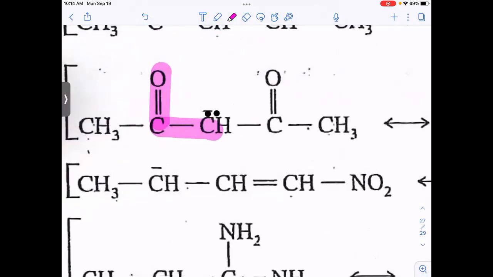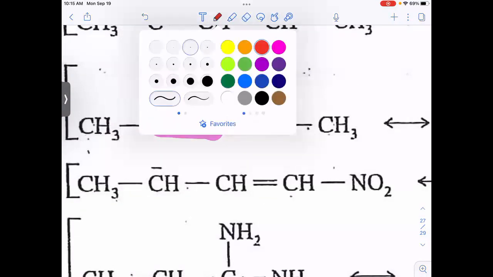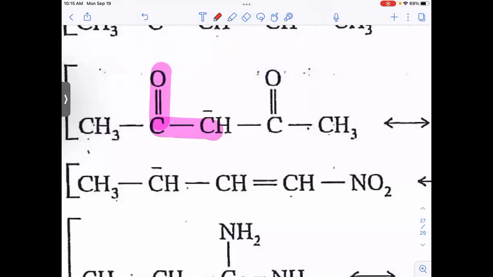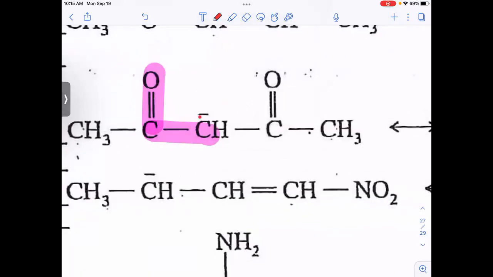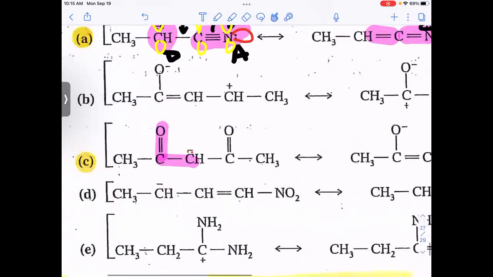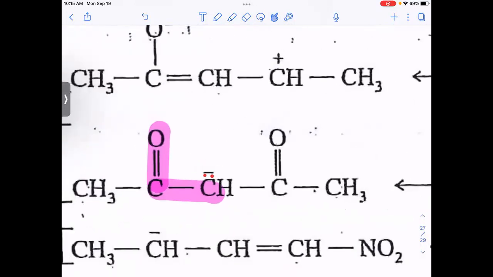I just added in some electrons, but let me use a smaller pencil so the electrons won't look so goofy. So there's a pair of electrons there. Which one of those do you think is going to be your donor, and which one is the acceptor?